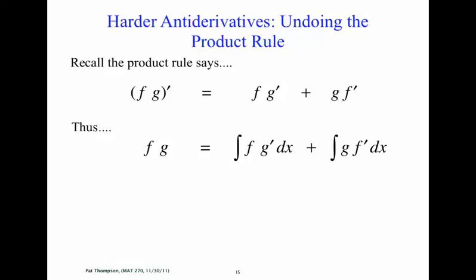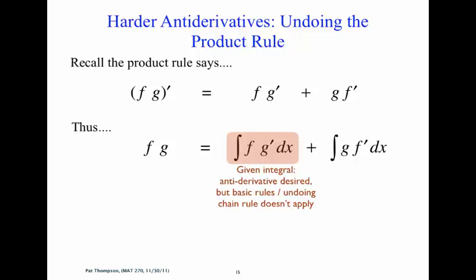Does that make sense? We just take the product rule and antiderivative both sides. The left side, we're back where we started, f times g, and then we put this right side. So in these problems, we'll be given an integral, and we won't know this, but if we're going to use this technique, then that given integral is like one of these two, like f g prime.